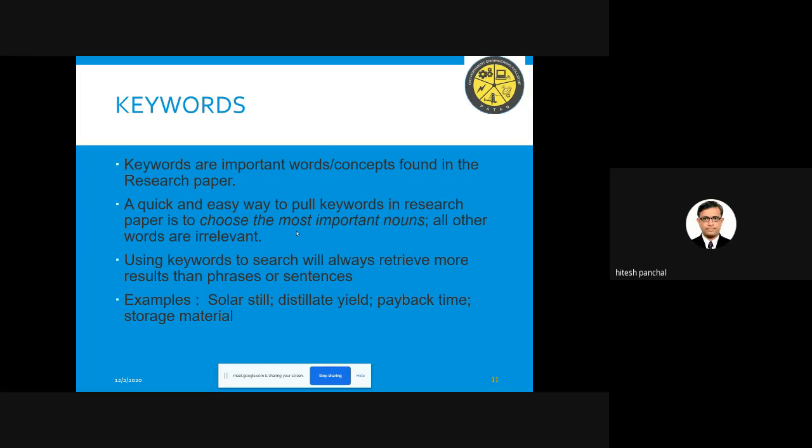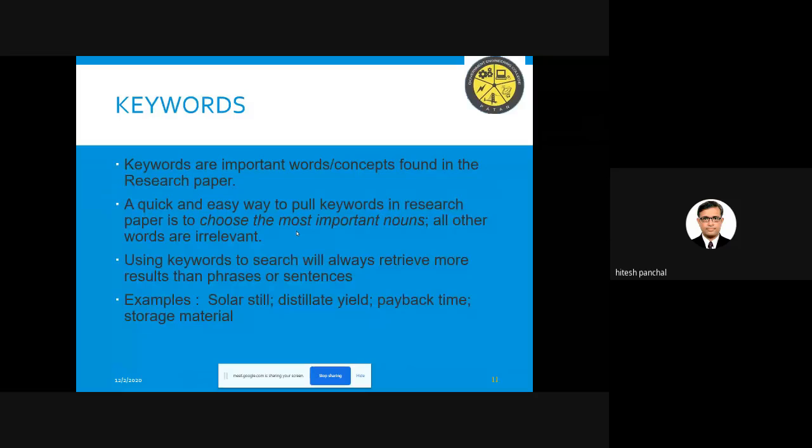And using keywords to search will always retrieve more results than phrases or sentences. I will also share with you, suppose you want to write your research paper, you have your abstract and your title. Through keywords you can easily determine the good journals. So keywords are very important.